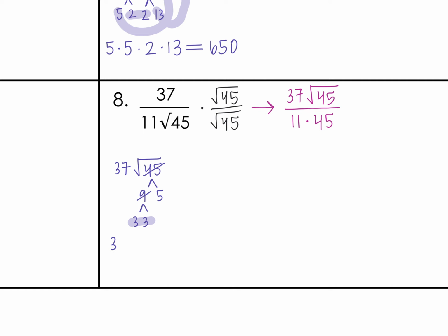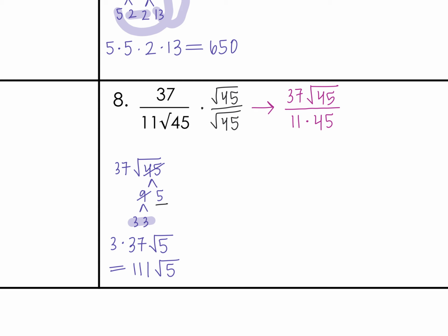And so I'm going to have 3 times that 37 that's already out front, square root of 5, because that's what's left over. So 3 times that 37 is going to give me 111 square root of 5.